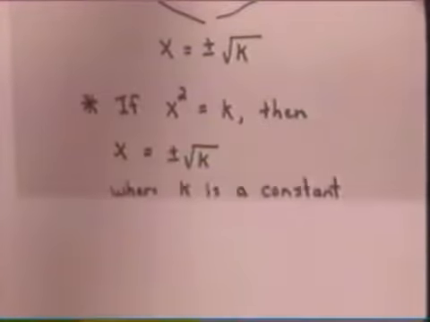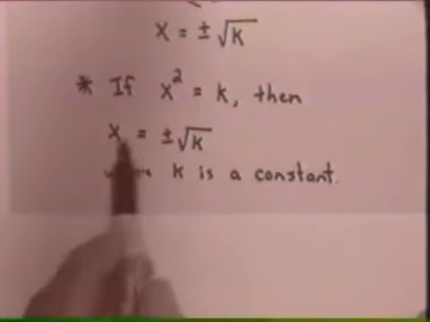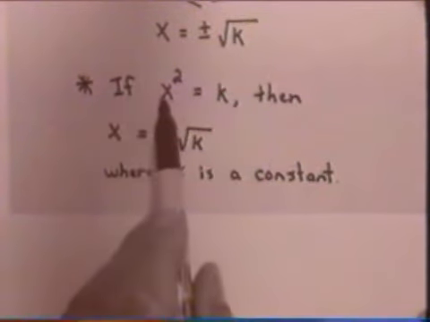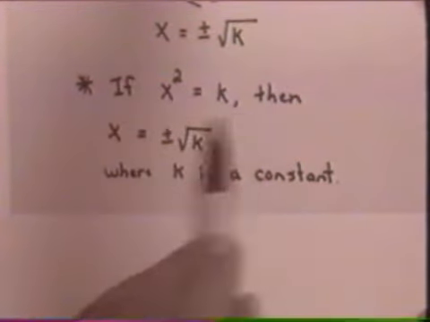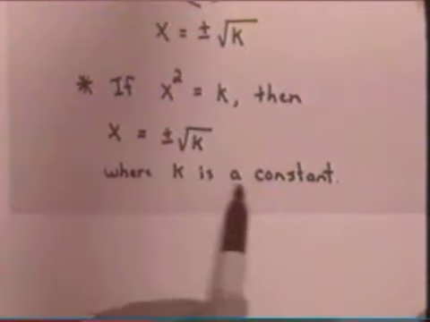And here comes the way of solving certain quadratic equations by the principal root method, or by taking the square root of both sides. If x squared is equal to k, then x is equal to plus or minus the square root of k, where k is a constant.